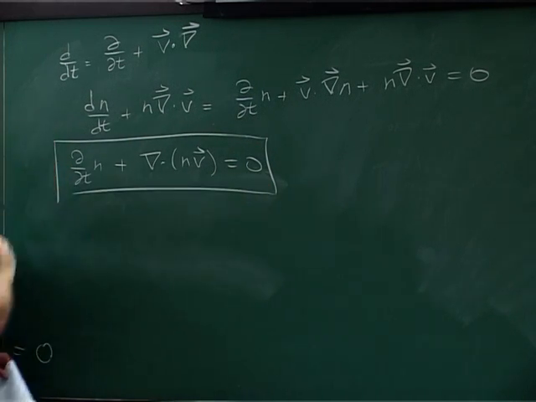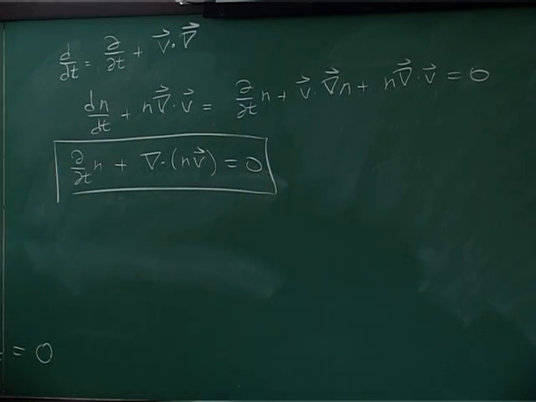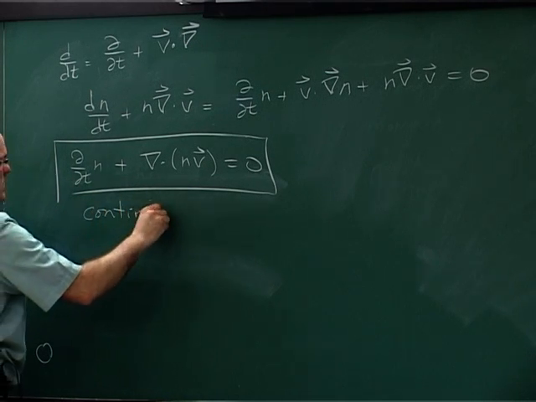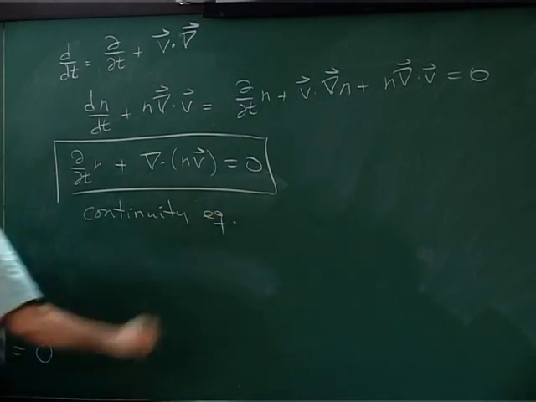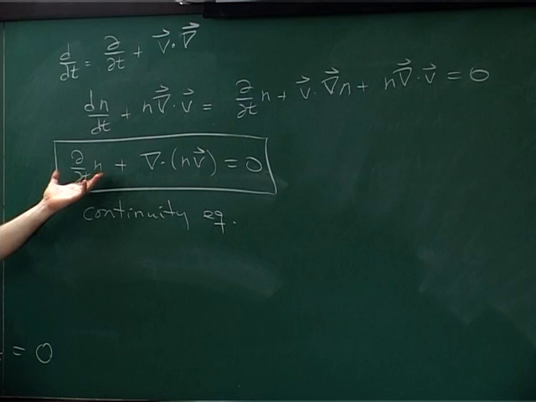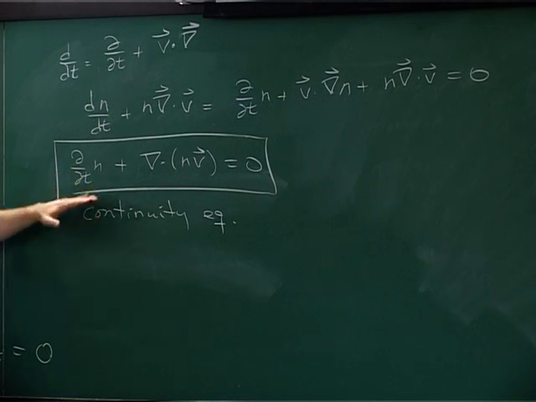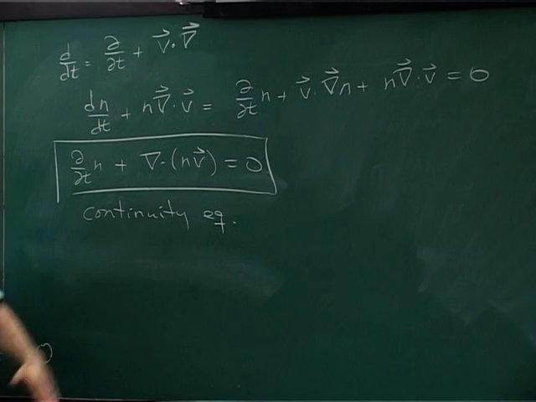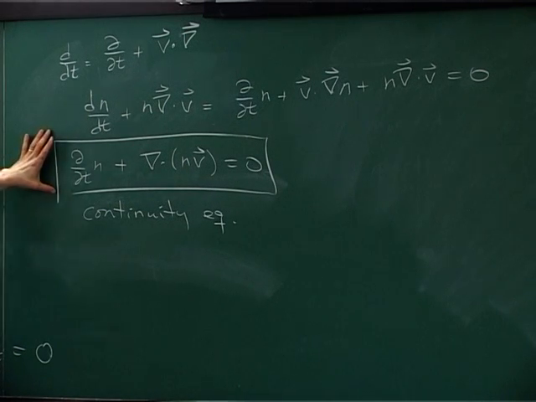At that point, you probably all recognize this equation as what's called the continuity equation. If I now go to an Eulerian description, I imagine that this tells me how the number of particles changes as I have a flux of particles through the boundary of the box. Now, this is the classical continuity equation.